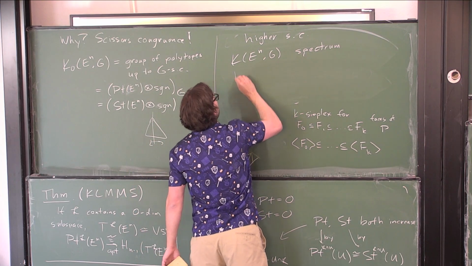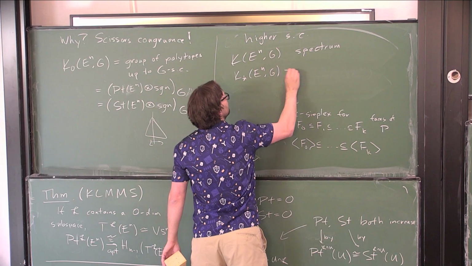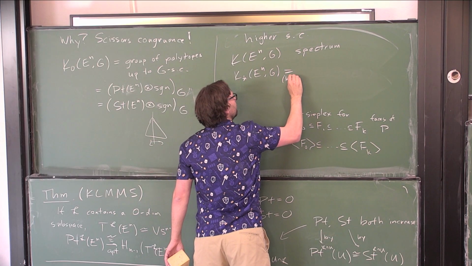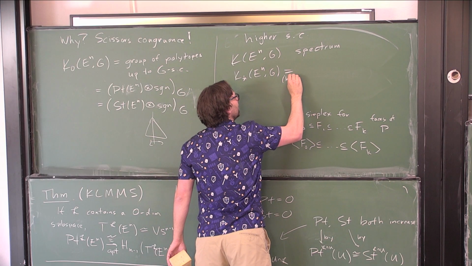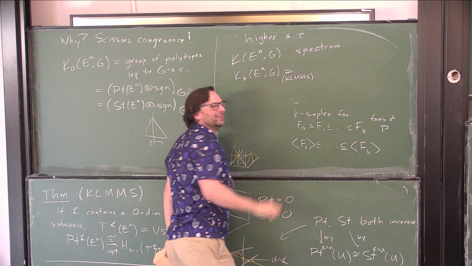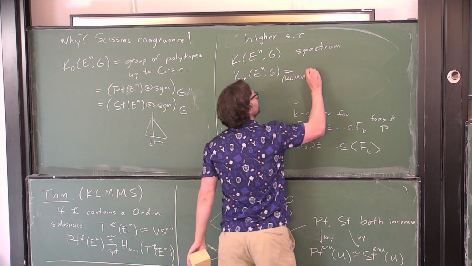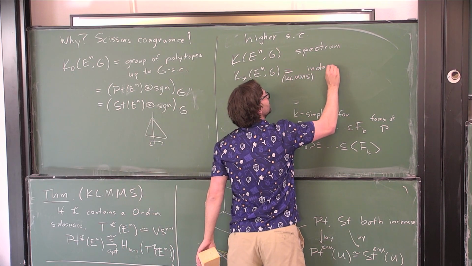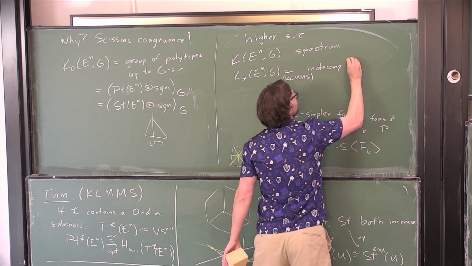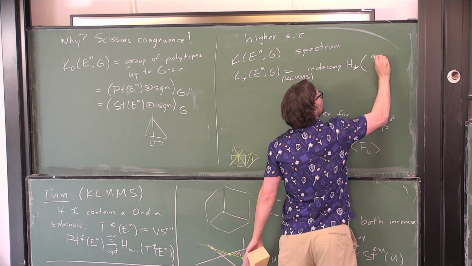In particular, it has K groups. These are, by more work with Coopers, Leman, Miller, and Soroka, three of whom are here, indecomposables of the homology of some group of scissors automorphisms.